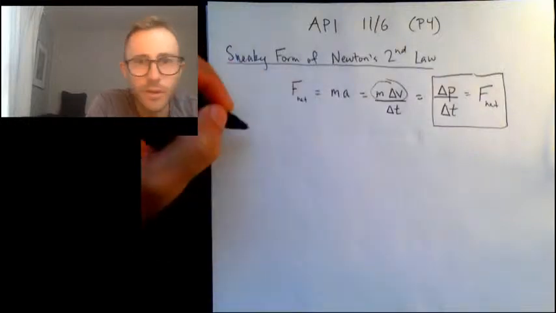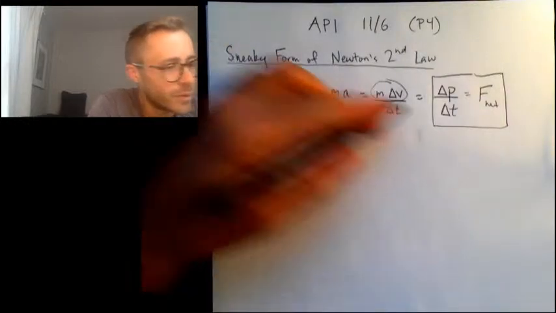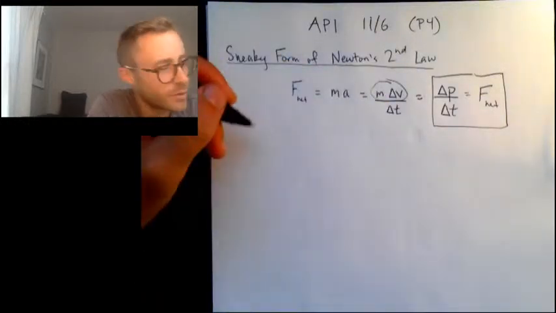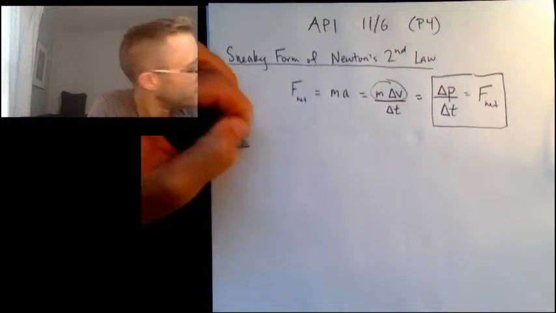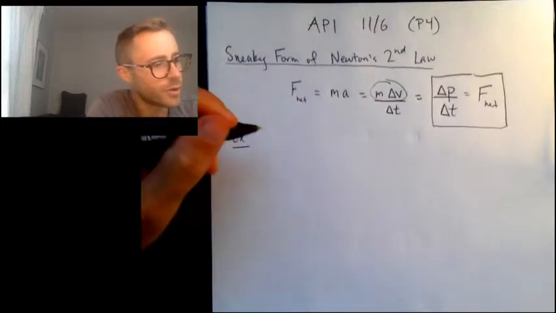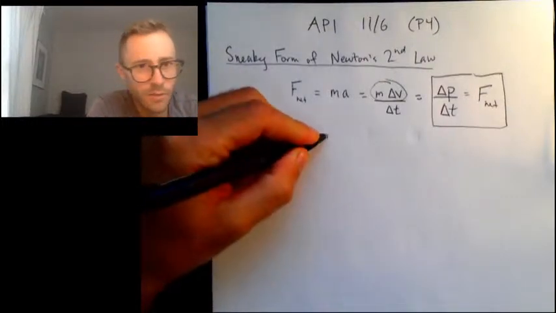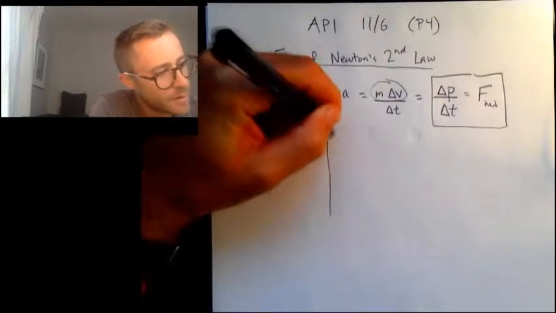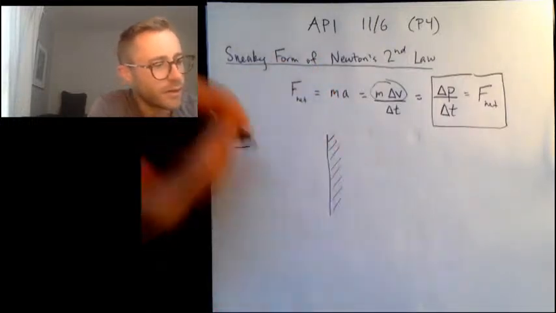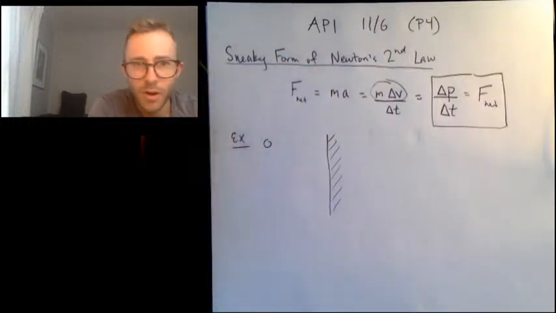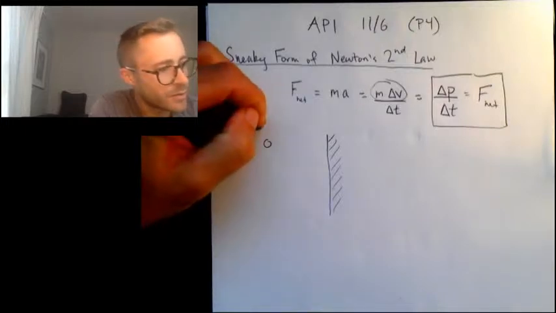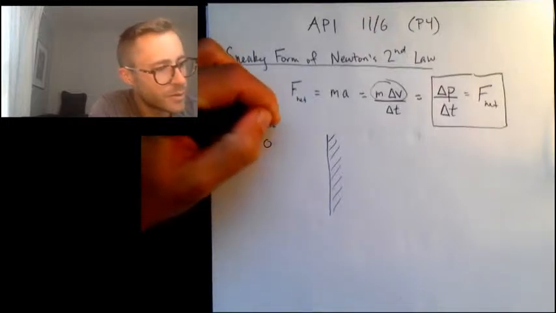Anyways, we can actually use this as a pretty useful equation. So let's do an example. Suppose we have a wall, and there's a ball. Let's say the ball has a mass of 0.2 kilograms.